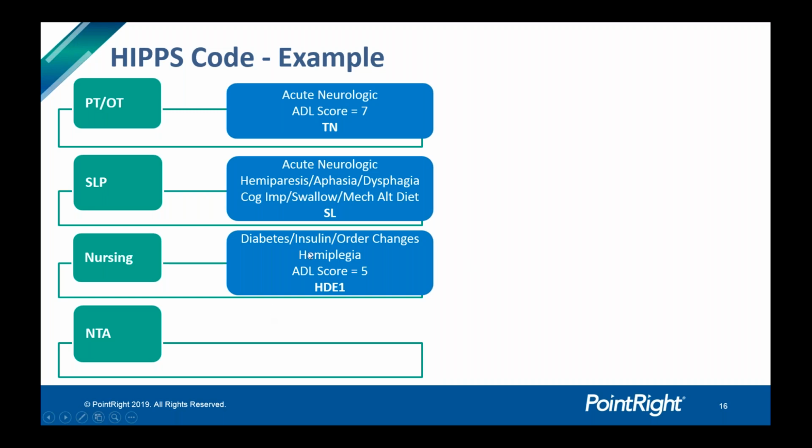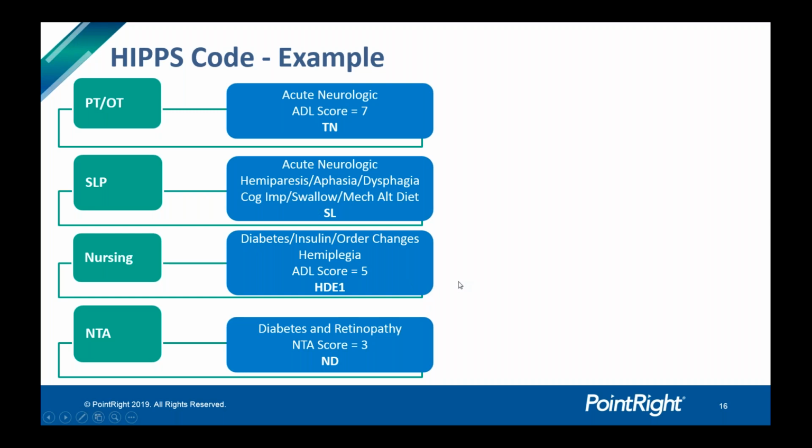And he has that hemiplegia/hemiparesis, and his nursing ADL score is a 5. So he's an HDE1 in nursing. And then for non-therapy ancillary, he gets 3 NTA points because of the diabetes, plus diabetic retinopathy was also captured in the documentation. So what does that give us?